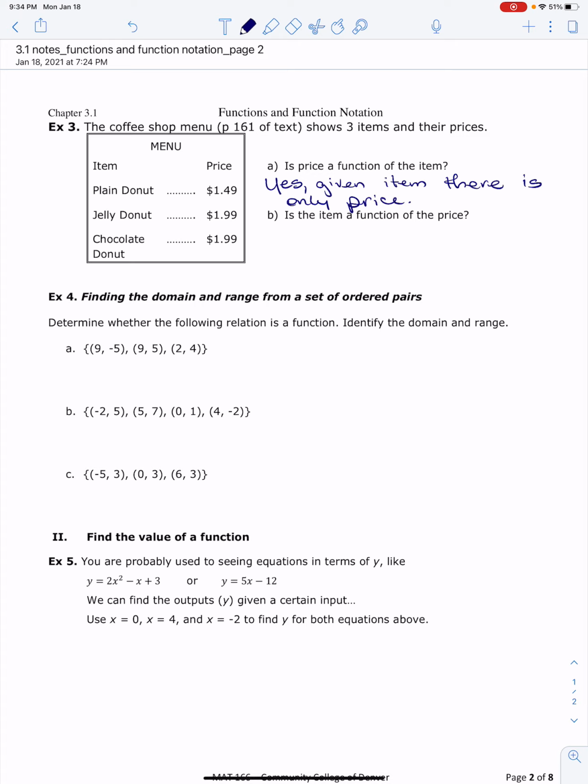So now, based on this menu, is item a function of price? And here we've got a no. Because if we're given a price of $1.99, it could be a jelly donut or a chocolate donut.